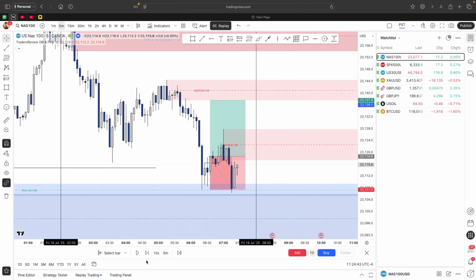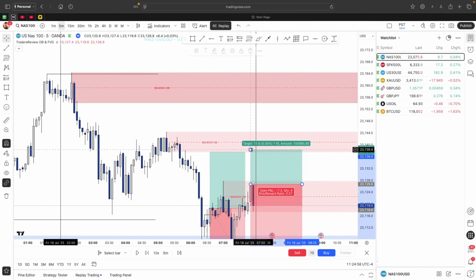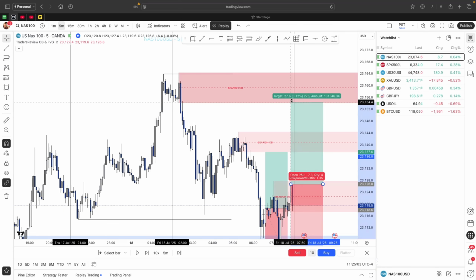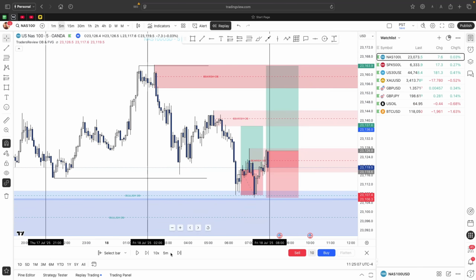Let's see if we get a better break of structure. There we go. That one right over there. Stops below this low or this low. And let's target the next level of liquidity or point of interest. The highs are still intact right over there. Let's play price forward.